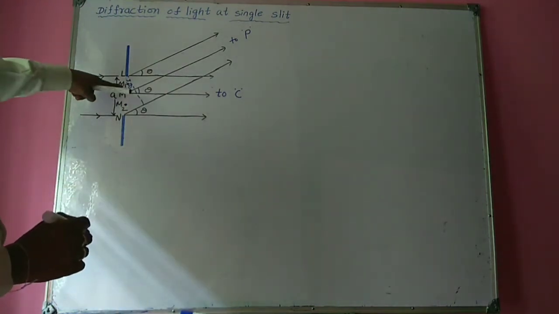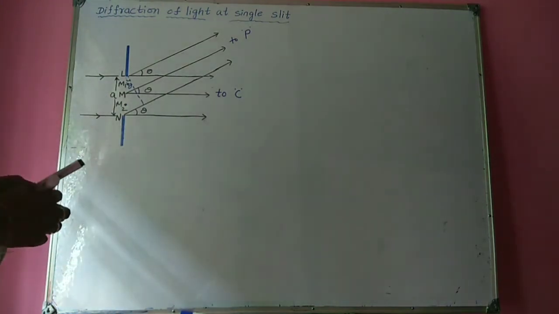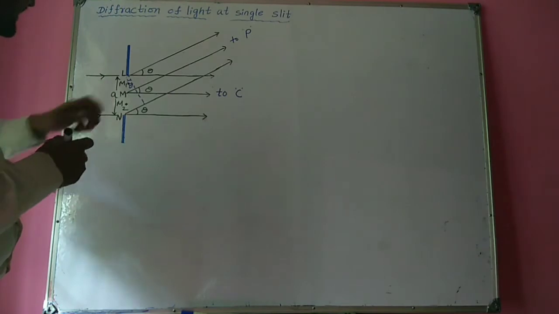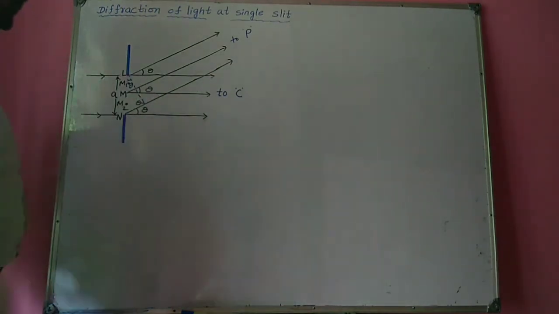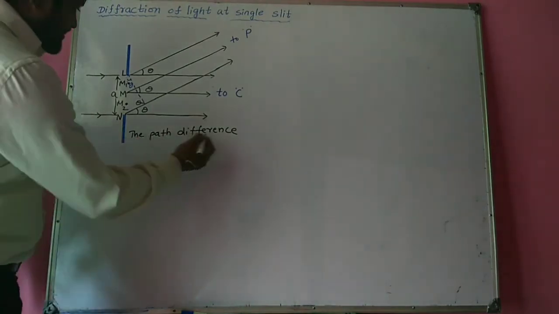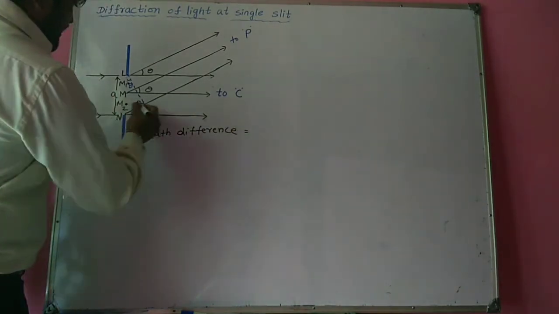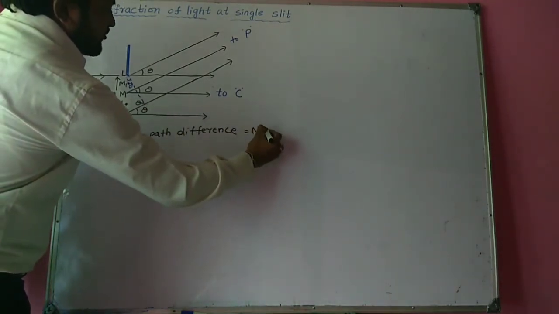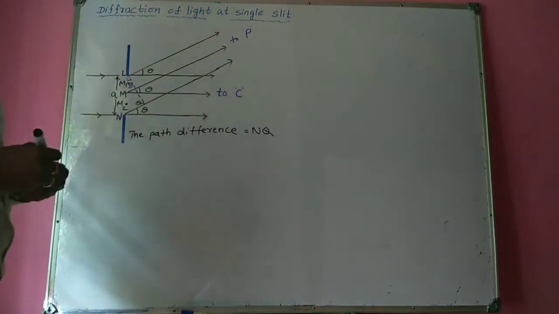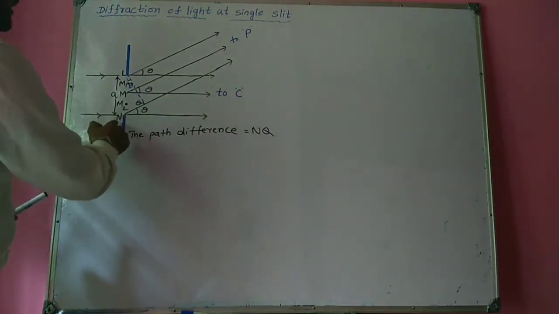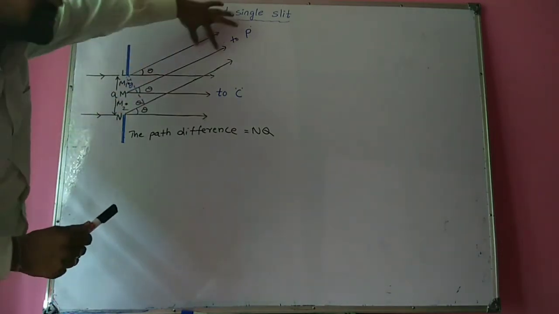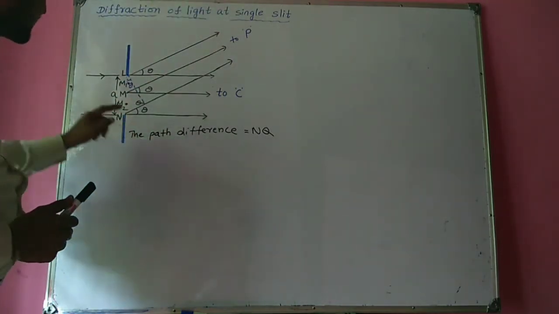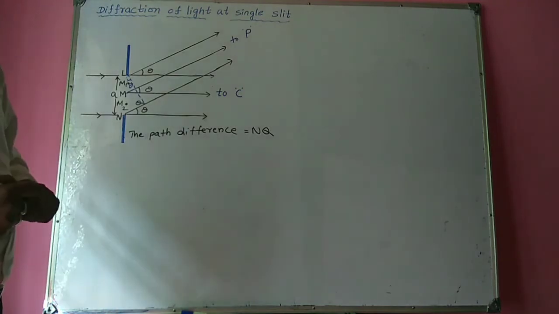According to the symmetry, the angle at this point is theta, and the normal touches the NP line, let us say at point Q. Now the path difference between the secondary wavelets is equal to NQ. This is the path difference, because from these points they travel the same distance.